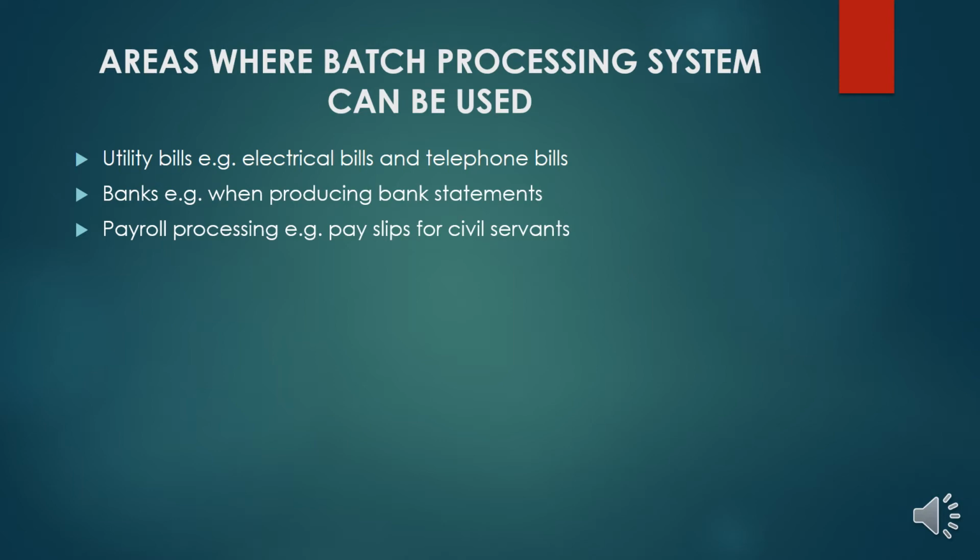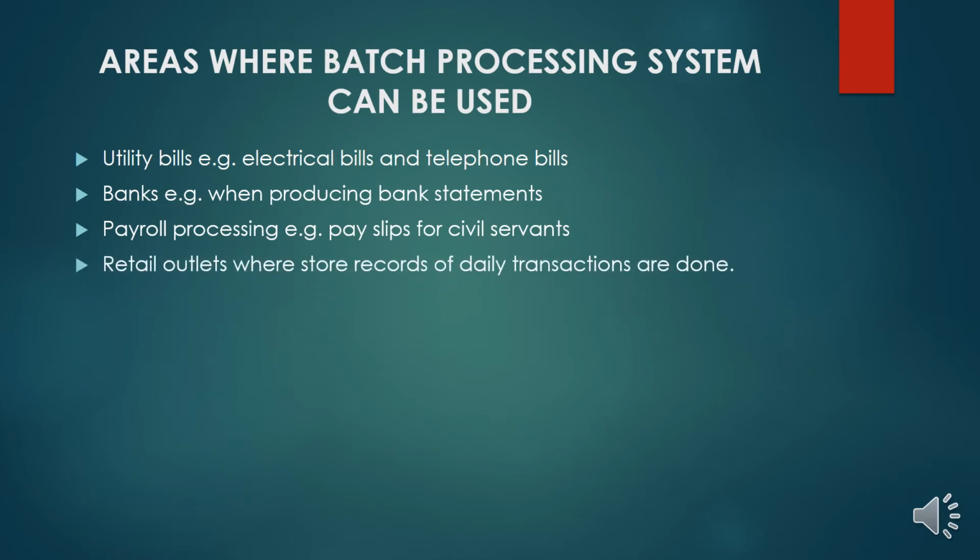Long ago, before the introduction of online pay slips for civil servants in Zambia, they used to produce hard copy pay slips for all the civil servants, and to do that, they used the batch processing system. Also, it can be used in retail outlets where the store records daily transactions. So the batch processing system can also be used in a retail shop.